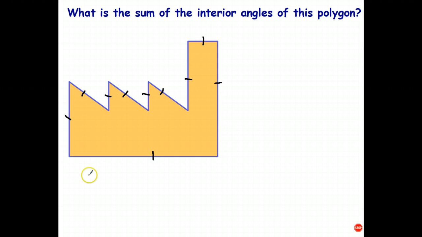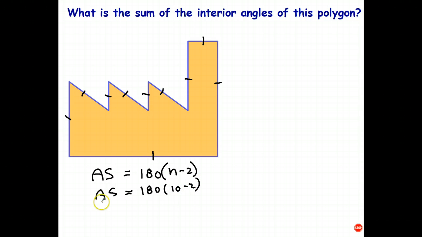So the rule says the angle sum of a polygon, I'll put a big capital A, capital S, angle sum, is 180 multiplied by the number of sides take away 2. So in this case, the angle sum of the polygon is 180 multiplied by, in fact, I won't write that yet, so I'll just undo that. I'll stick with the same format. 10 take 2, therefore 180 multiplied by 8.